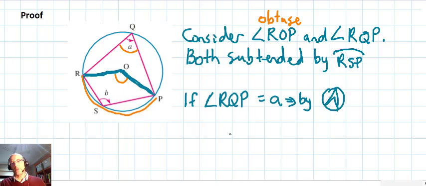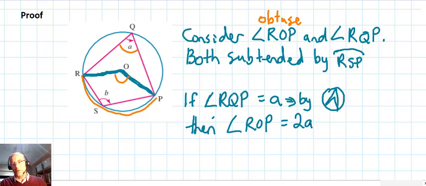They are subtended by the same arc in this case, so we can say that ROP, the obtuse one that we highlighted there, is twice that A, so we can call it 2A. Again, that's from Theorem 1.